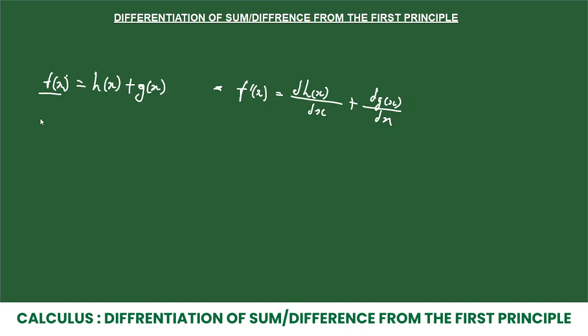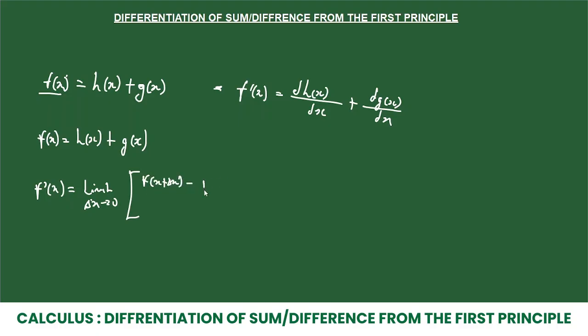Using the first principle, you know that f of x is given as h of x plus g of x. And then we know from the first principle, f prime of x is equal to the limit as change in x approaches 0 of f of x plus change in x minus f of x, all over change in x.